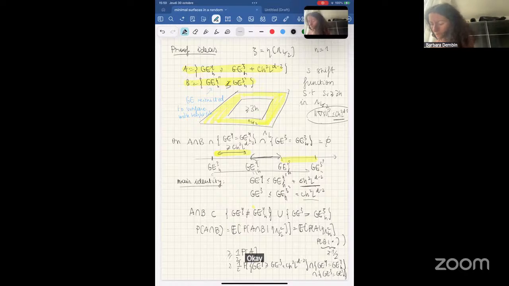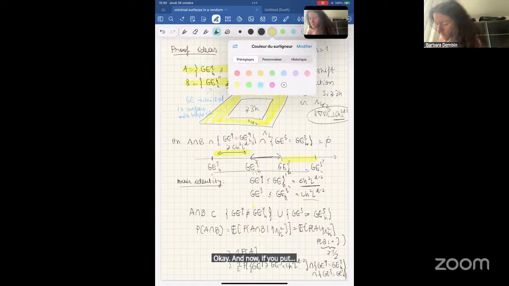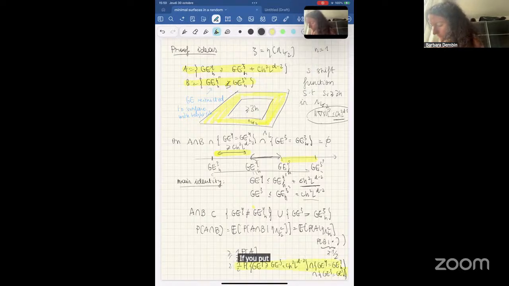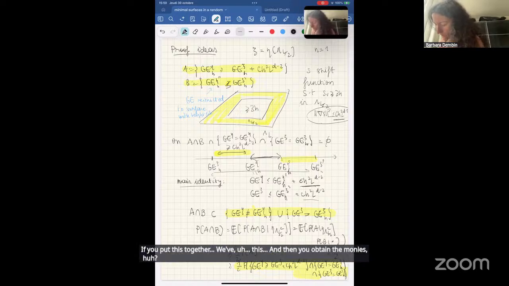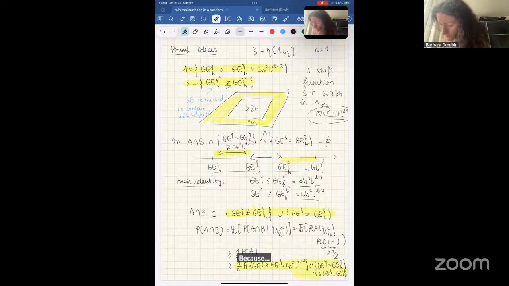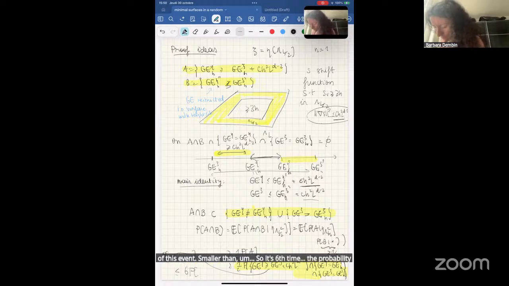Okay. And now if you put this together with this, at the end you obtain, normally, the probability of this event smaller than, so it's 6 times the probability of not being.